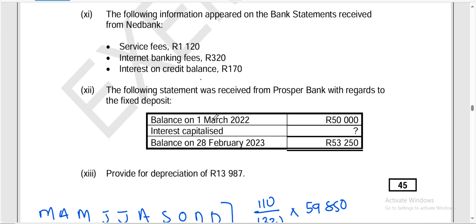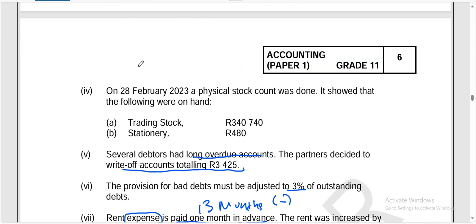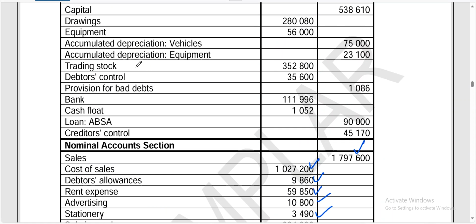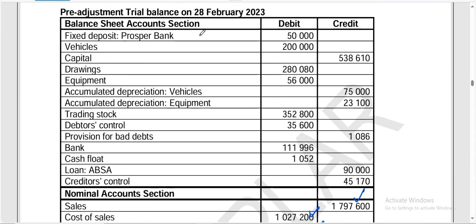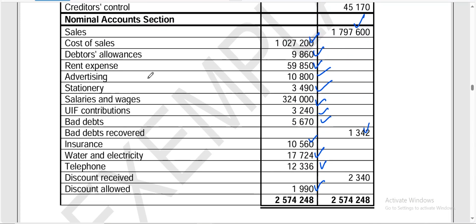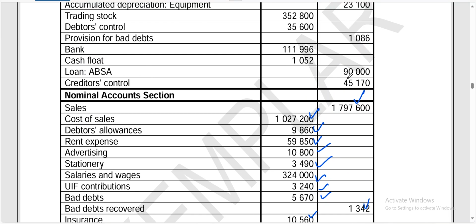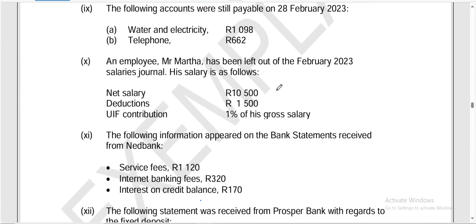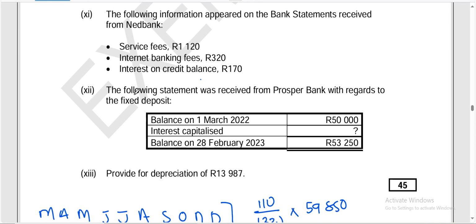If you check here, you can also get the information. You will see we have the fixed deposit for 50,000. Very interesting. And then let's see the loan. Where is the loan? The loan is from apps. I'll just check if there's an errata on this, but if I remember well, there was a mistake with this question, so I'll just need to go back to the errata very quickly and check what was happening.